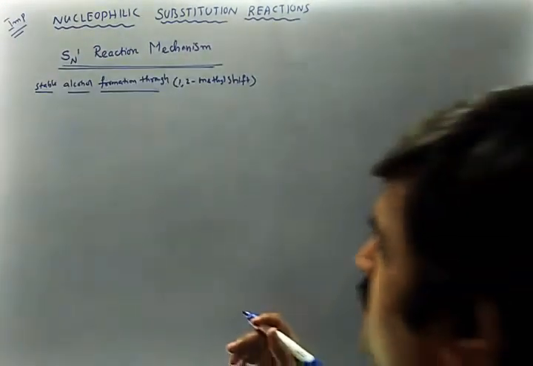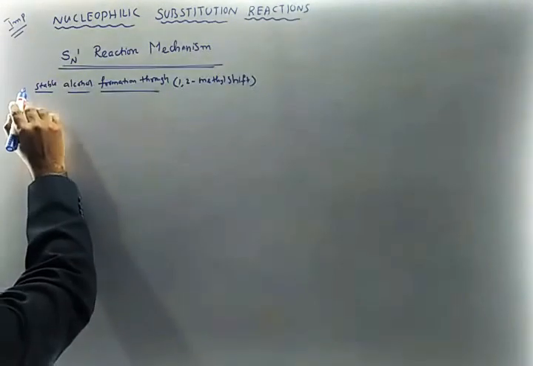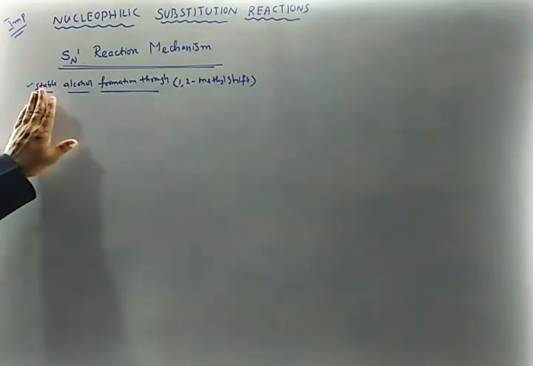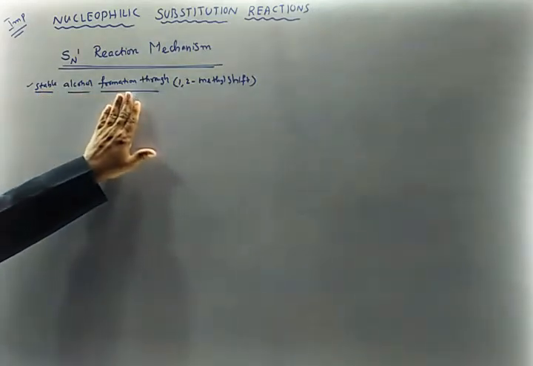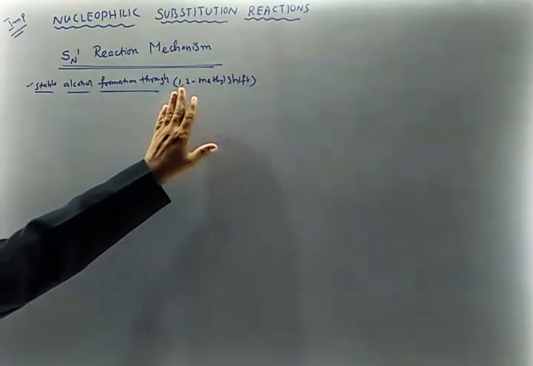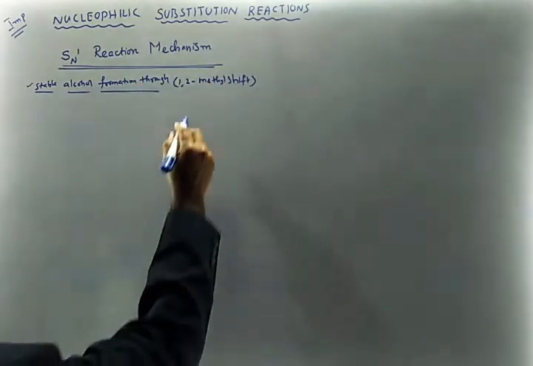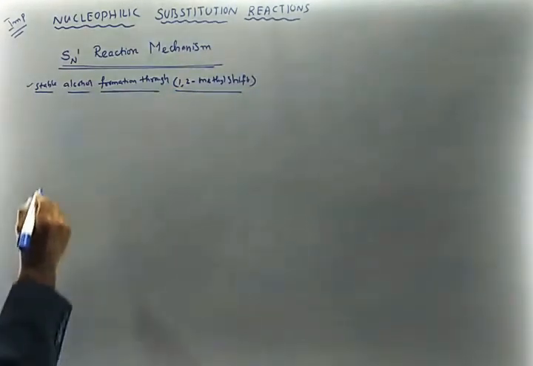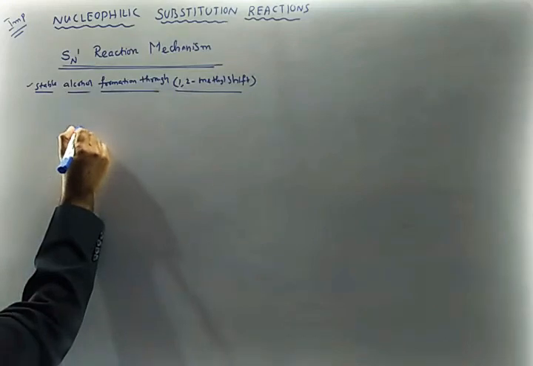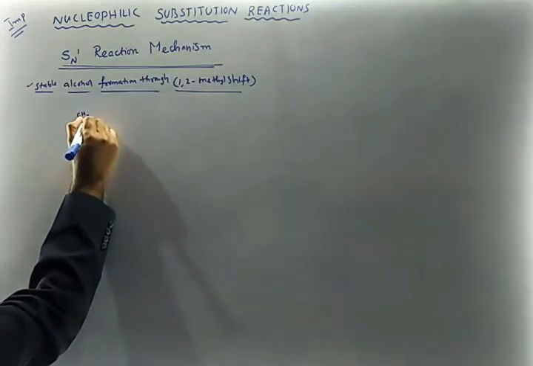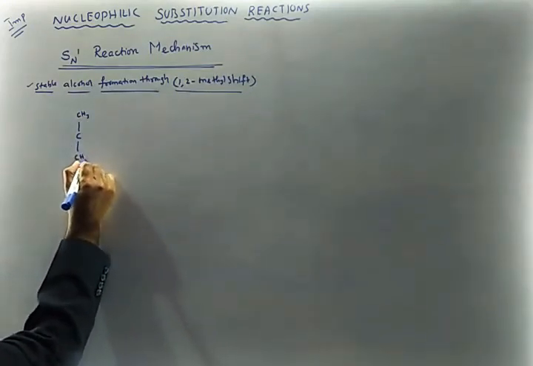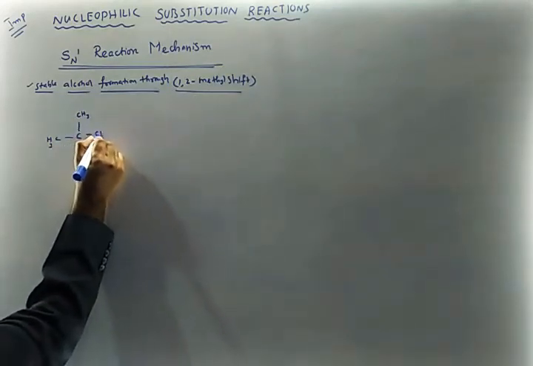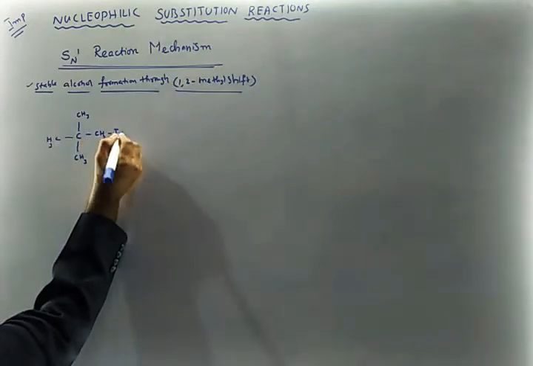Let us see one complication in the Sn1 reaction mechanism product. When a stable alcohol forms, there is another mechanism involved, a rearrangement of this carbocation, called a 1,2 methyl shift. Let us see when we take this type of example, neopentyl halides. I am taking iodine as it is a good leaving group.